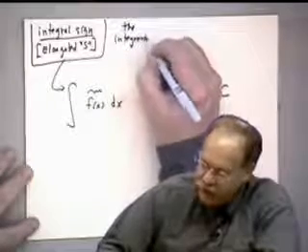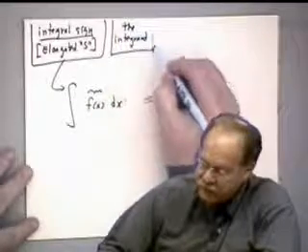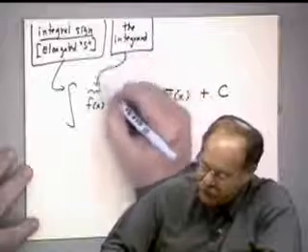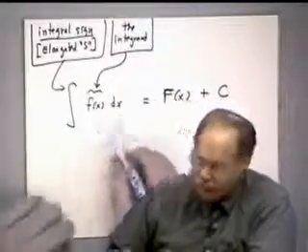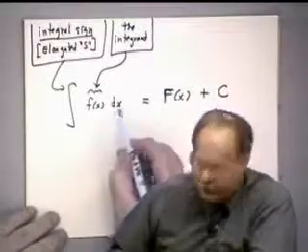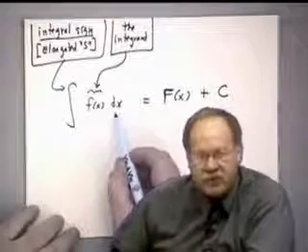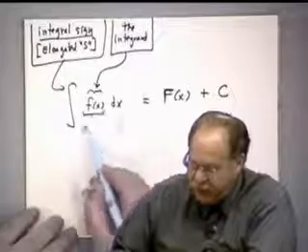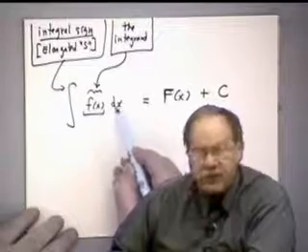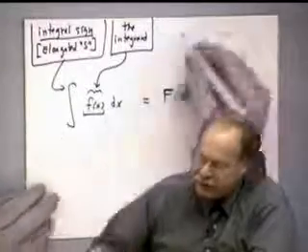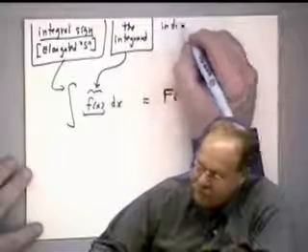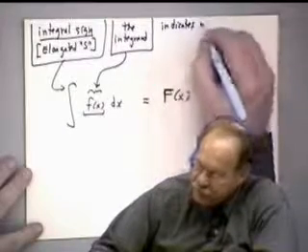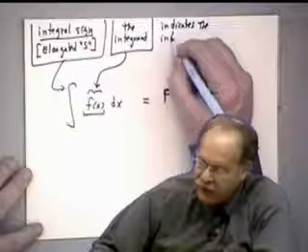These are all pieces of terminology we will actually use, so we have to learn them. This function in here is called the integrand. What is this little dx doing here? Well, you can think of it as a punctuation mark, if you like. The integral of something or other, which will go in here, punctuated with a period dx. But it does a little bit more than that. It indicates for us the independent variable involved in this problem.